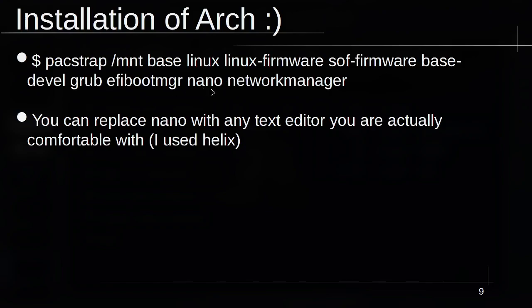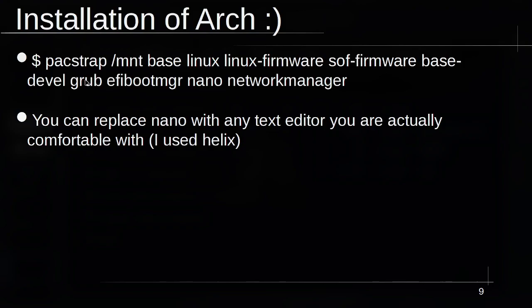Nano is a text editor which you would need for the installation process. You can use any one. Personally, I used Helix. You can use NeoVim, Vim, Emacs, whatever. If it's a terminal text editor, you can't use something like VS Code. NetworkManager is really good to have if you want to connect to the internet. Do not forget installing NetworkManager or some kind of network tool.